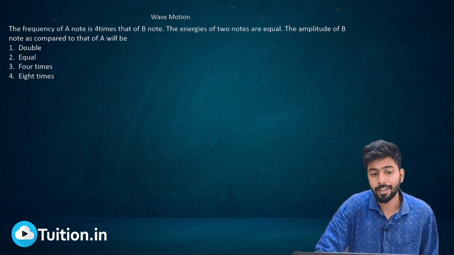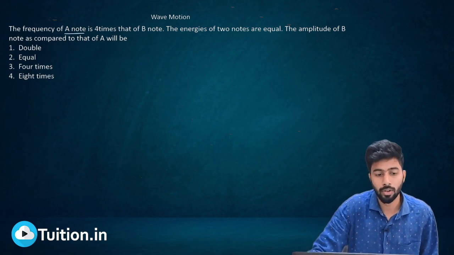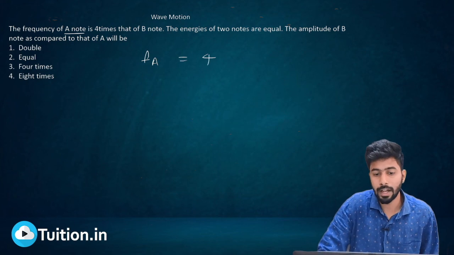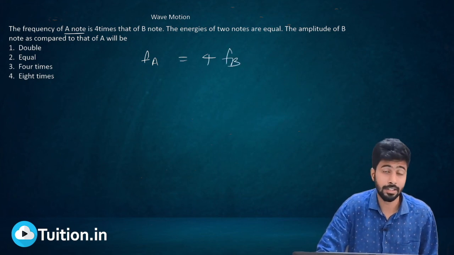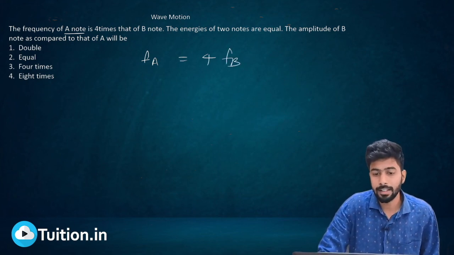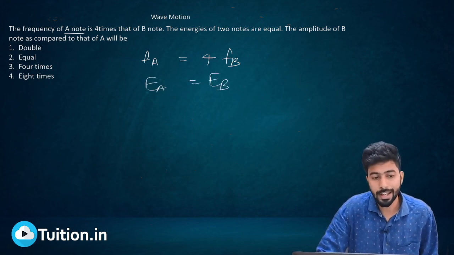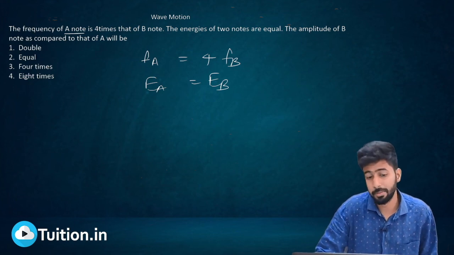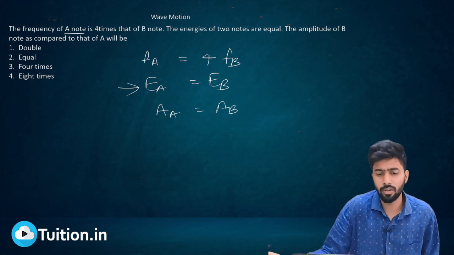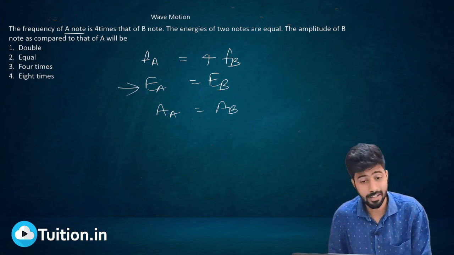The frequency of an A note, so you have FA is equal to 4 times of that of B note. FA is equal to 4 times of FB. The energies of these two notes are equal, so EA should be equal to EB. The amplitude of note A as compared to that of B will be, so you need AA is to AB. So you first need to know the formula for energy. What all does it depend upon?